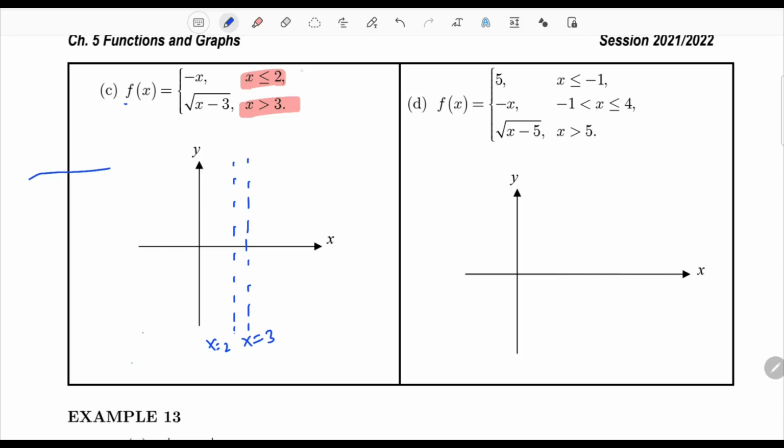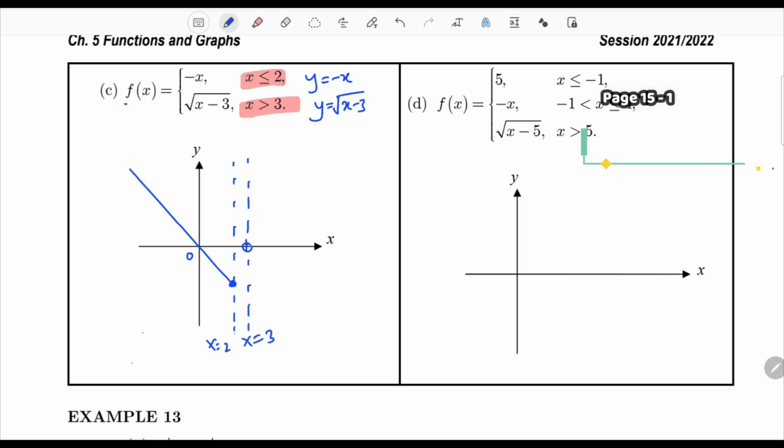Make sure when x equals 2, f(x) equals negative 2. So you have equal sign, so the shaded circle. And then when x is greater than 3, when you substitute 3 inside the square root, you get 0. So you don't have any equal sign, so empty circle to the right.